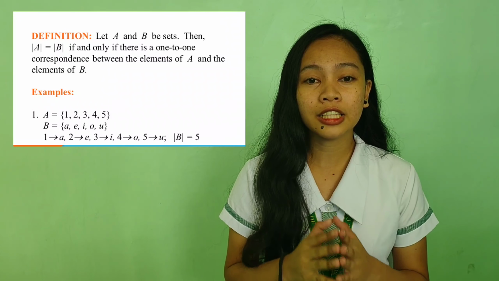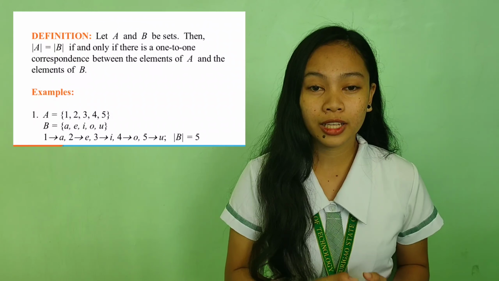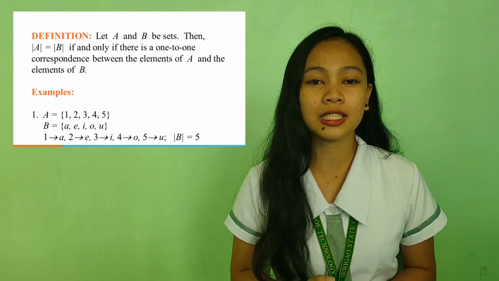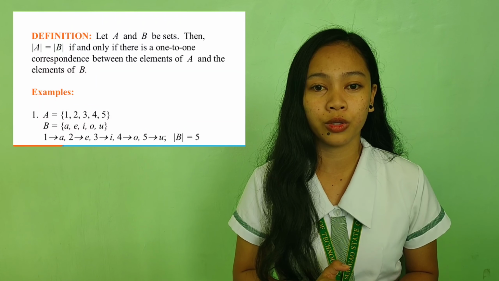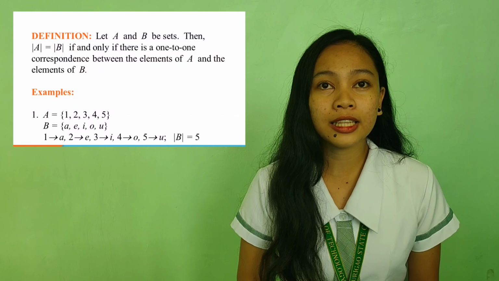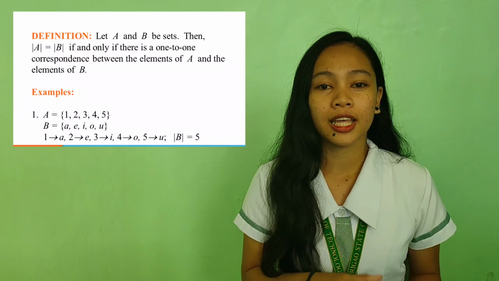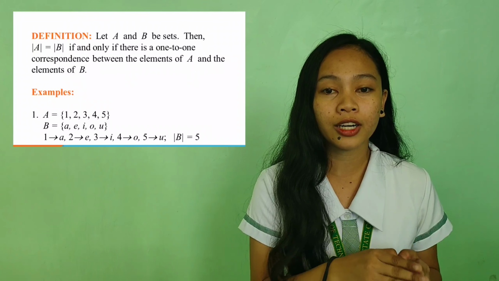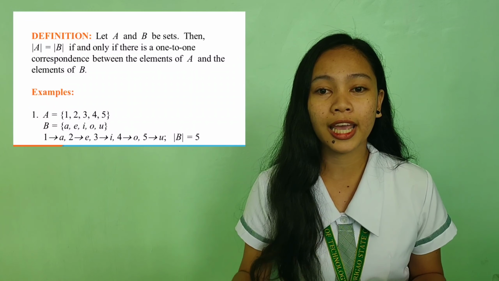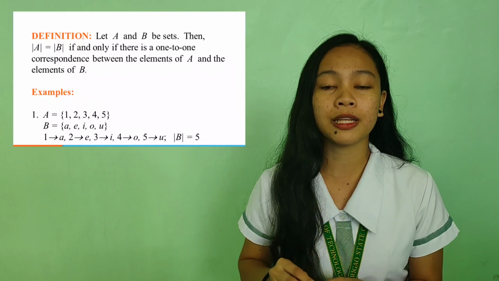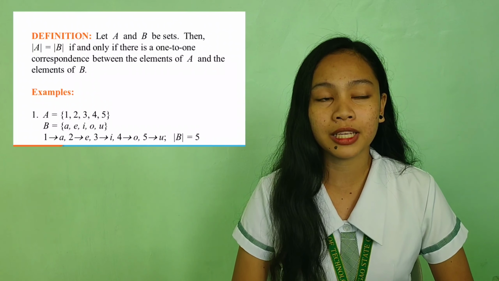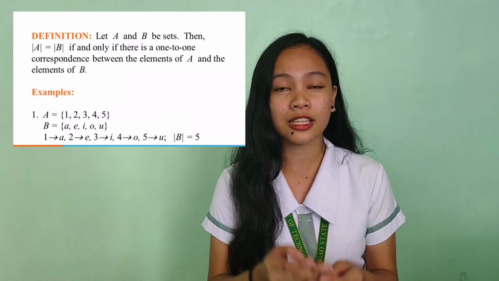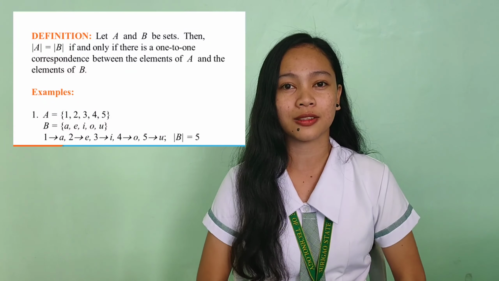A is equal to 1, 2, 3, 4, 5, while B is equal to A, E, I, O, U. 1 corresponds to A, 2 corresponds to E, 3 corresponds to I, 4 corresponds to O, and last, 5 corresponds to U. Then the cardinality of B is equal to 5. It is because A and B contain 5 elements in each set.